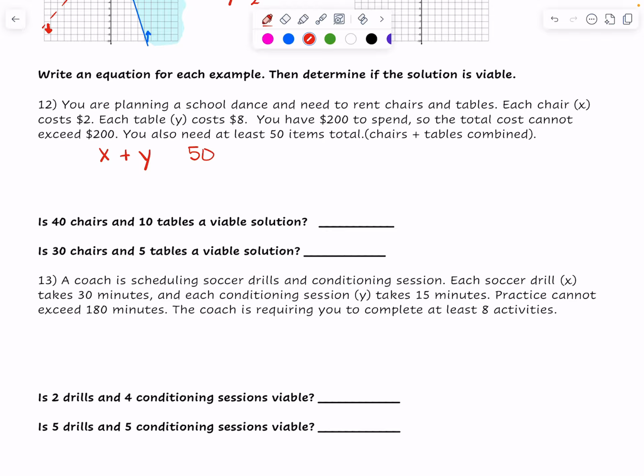Now, is 50 going to be the smallest number or the biggest number if you need to have at least 50? So 50 would be the smallest number. You could have exactly 50 or more than 50, but 50 has to be the smallest number. Now, the second equation. In the second equation, the chairs rent for $2 each.